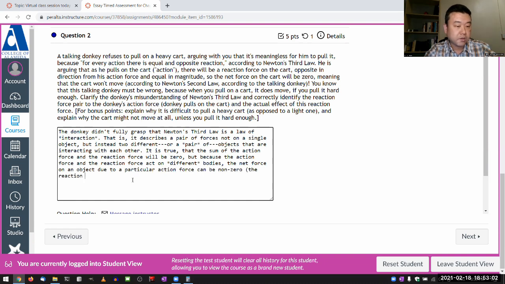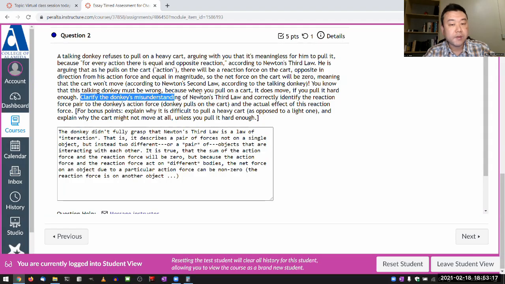The reaction force is on another object. So that's my summary of the donkey's misunderstanding, part one, and correctly identifying the reaction force pair.